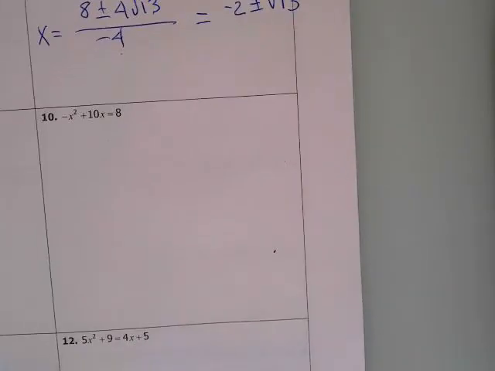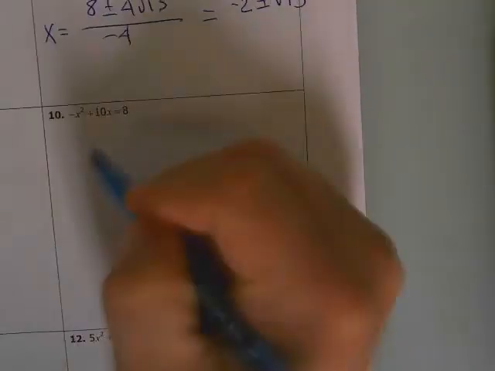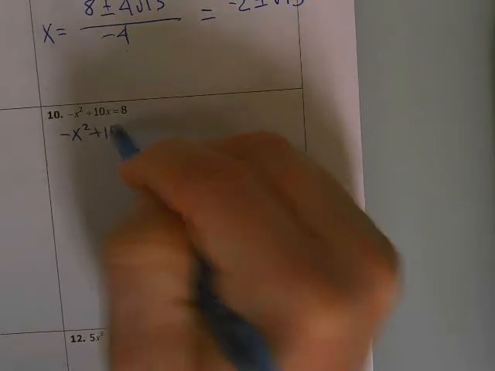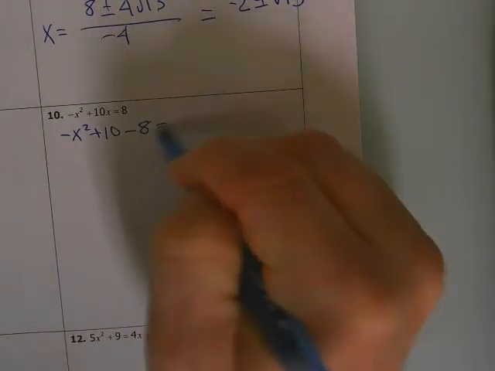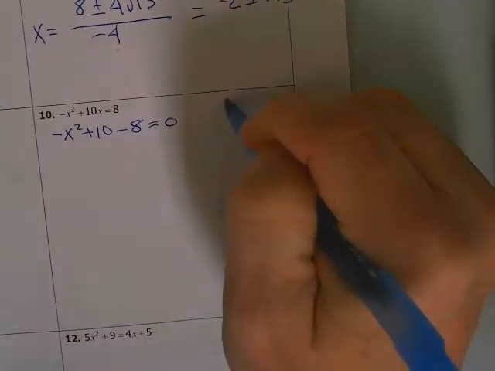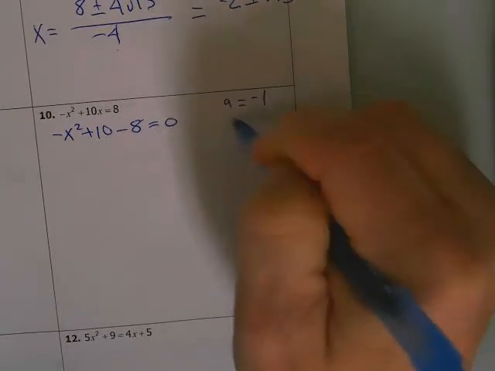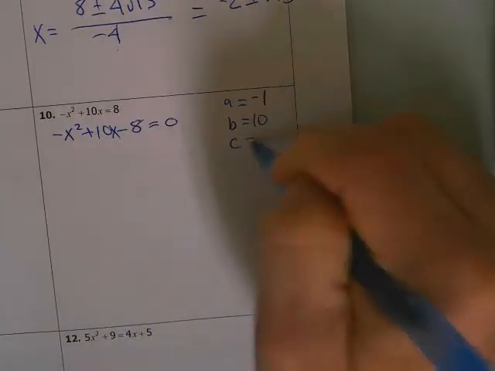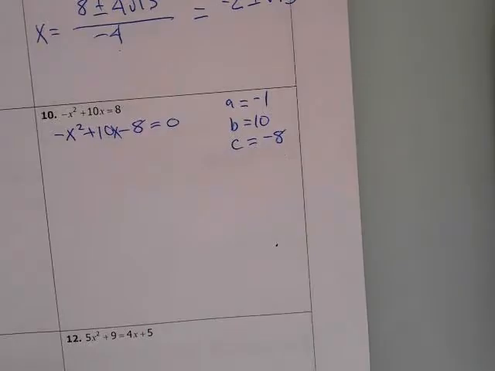Let's look at number 10. It's not in standard form, so let's rewrite it. Negative x squared plus 10x minus 8 equals 0. A is equal to negative 1. B is equal to 10, and c is equal to negative 8.